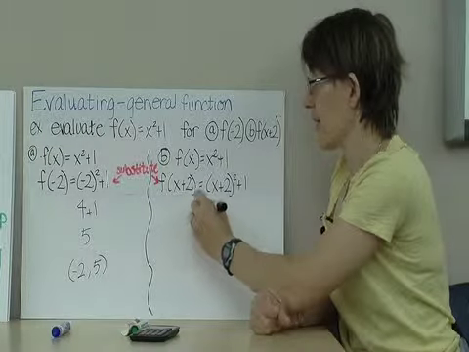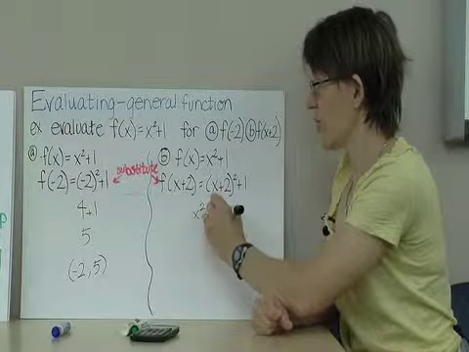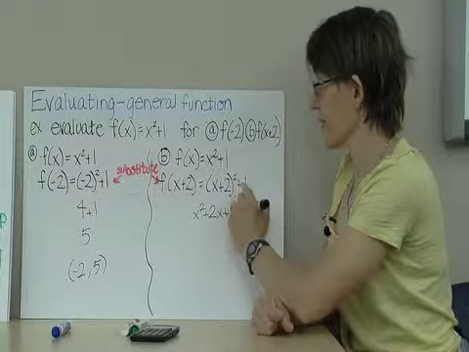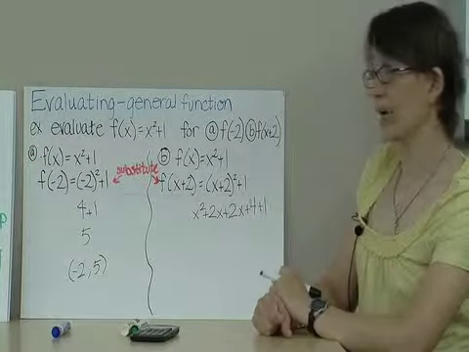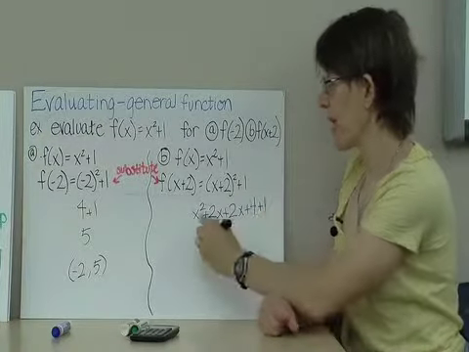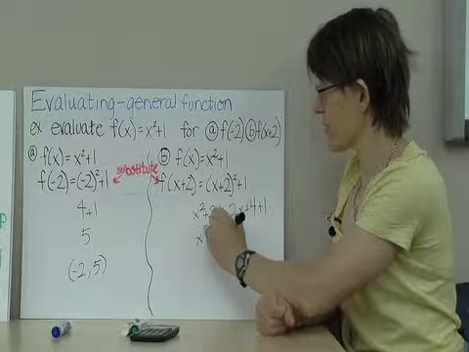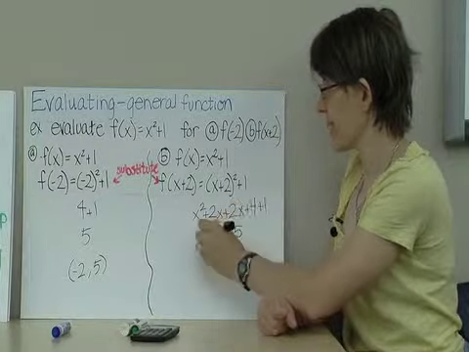So I'll get x squared plus 2x plus 2x plus 4 plus 1. And combining like terms, I'll get x squared plus 4x plus 5.